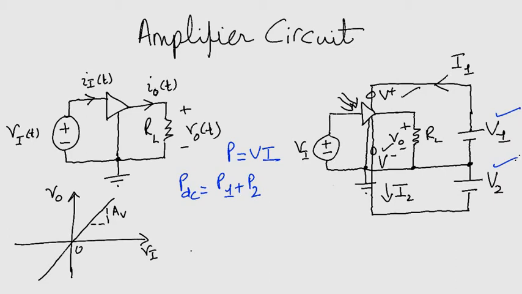P1 is equal to V1 I1 and P2 is equal to minus I2 V2. This is because current is flowing out of the amplifier and into the negative side of V2.